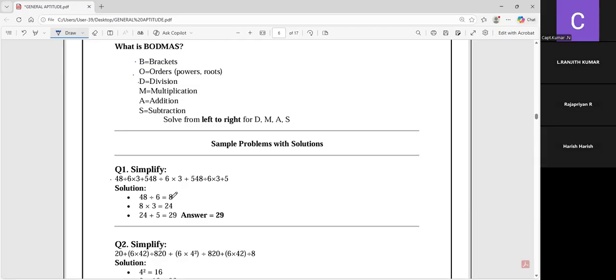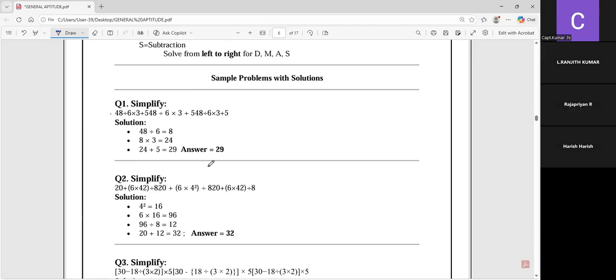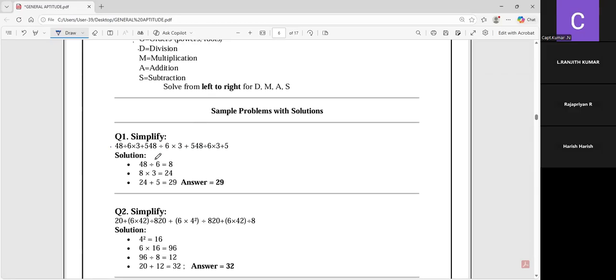Any other divisions? Next, multiplication: 8 into 3 is 24. Next is addition: 24 plus 5 is 29. We are going to do the problem like that. So this is a simple method.